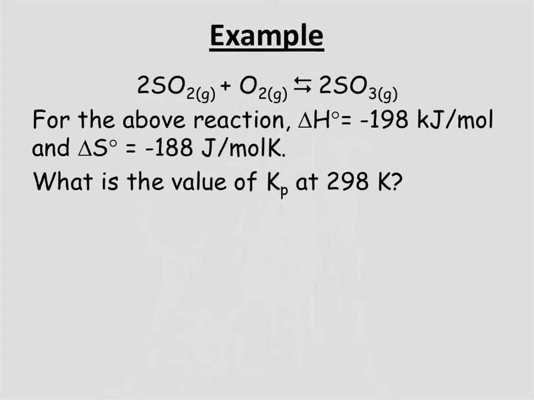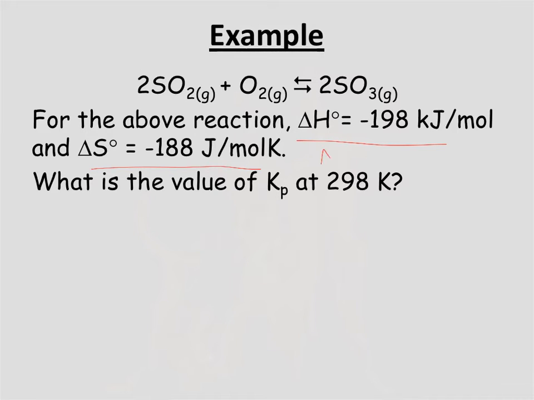So we're given a reaction, a delta H value, a delta S value, and asked for the equilibrium constant at 298 Kelvin. We know that we have these delta H's and delta S's.